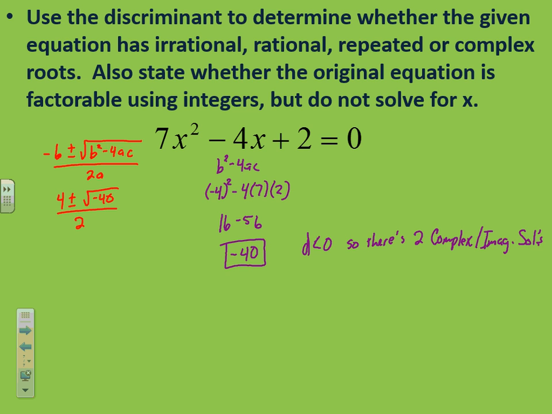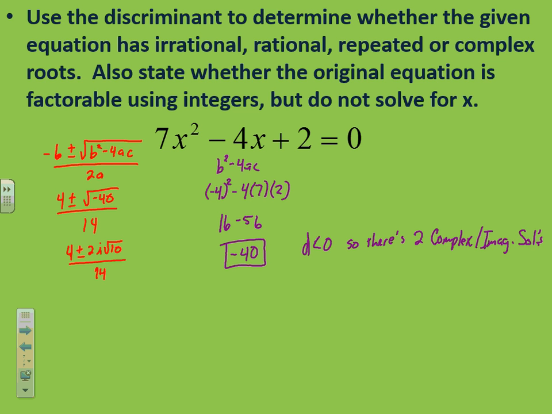We've already figured out the discriminant. Over 2 times a, well, that's just 14. So let's just put that there, 14. Simplify the radical, and the perfect square factors of 40 are just 4 and 10. So I can simplify the square root of 40 there, and that's going to give me 2i with the remainder radical 10 over 14.